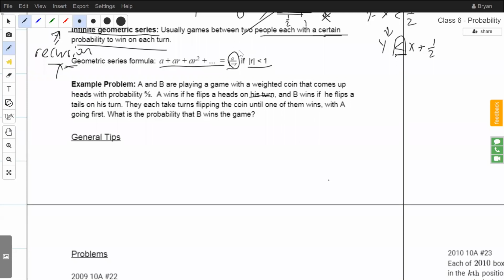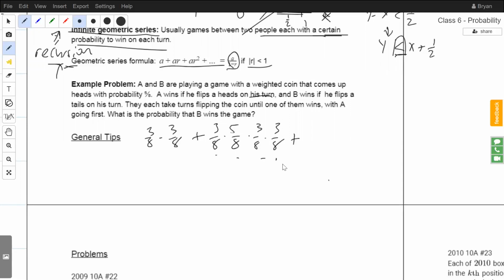For example, if B wins the game on its first turn, that happens with probability 3/8 times 3/8, as there's a 3/8 probability A flips tails, and then a 3/8 that B flips tails. And then if B wins on the second turn, then that's going to be 3/8 times 5/8 times 3/8 times 3/8 again. Basically, it's the probability A does not win, probability B does not win, probability A does not win again, probability that B wins.